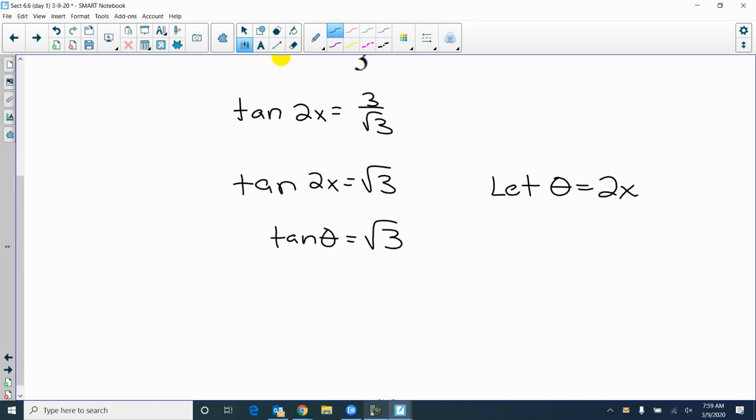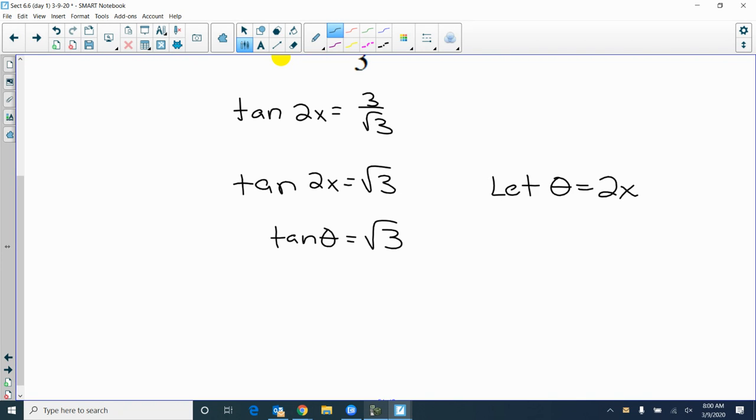What you got? Pi over 6 and 4 pi over 3. All right, you got different reference angles there. I agree with 4 pi over 3. Pi over 6, I disagree with. Because what's your reference angle? 60 degrees. So pi over 3. So for that one, because if you do square root of 3 over 2 divided by 1/2, we'll get that square root of 3. So it's going to be pi over 3 and then 4 pi over 3.